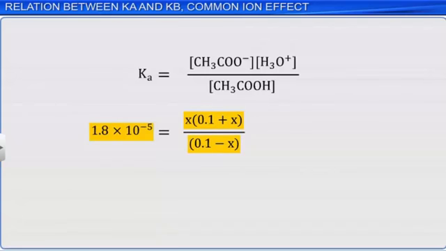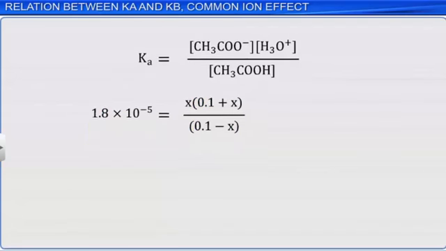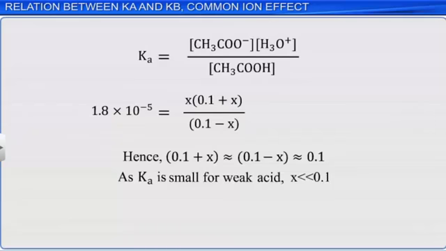As the acid dissociation constant Ka is small for a weak acid, the extent of ionization x can be assumed to be very much smaller than 0.1 mole. Hence, you can assume that 0.1 plus x is nearly equal to 0.1 minus x, which is nearly equal to 0.1.